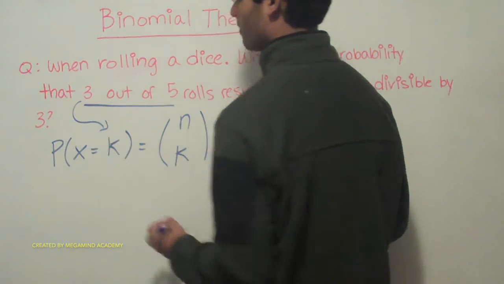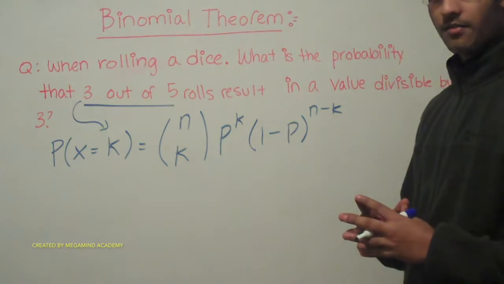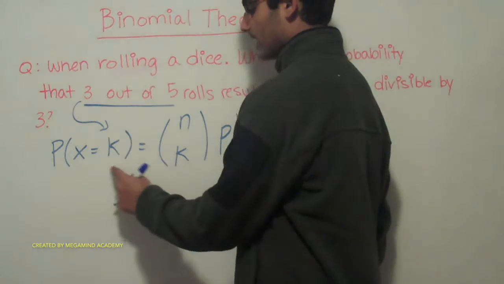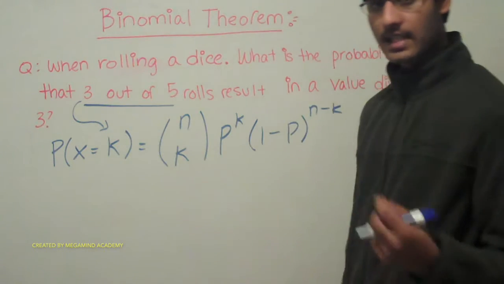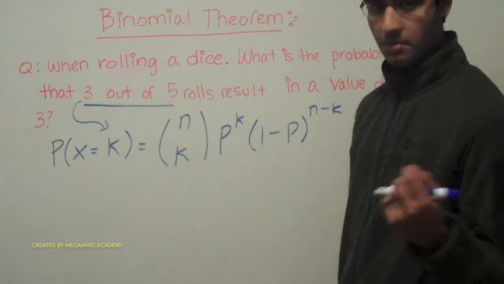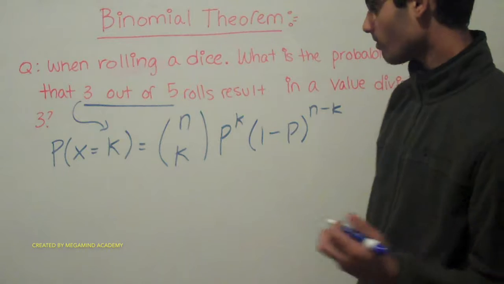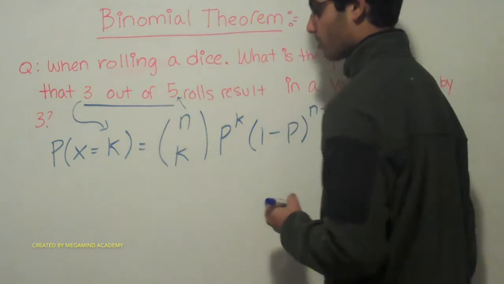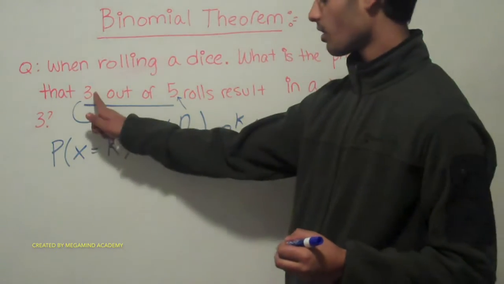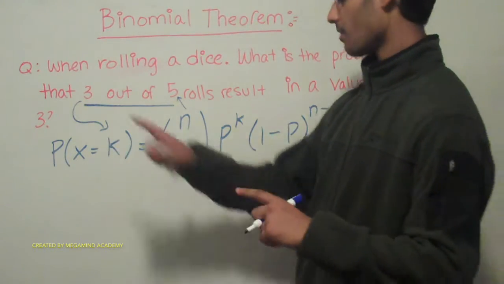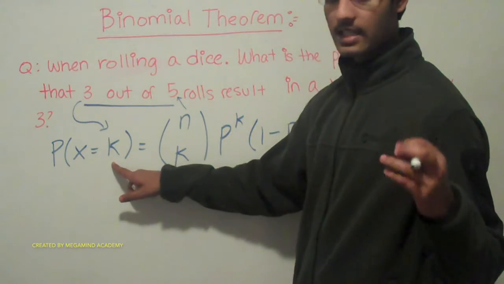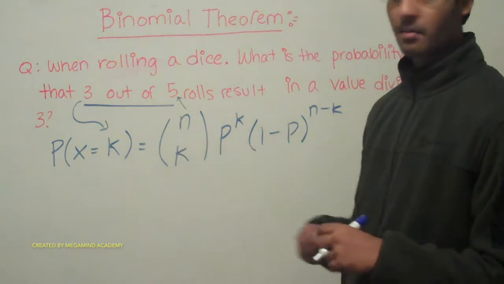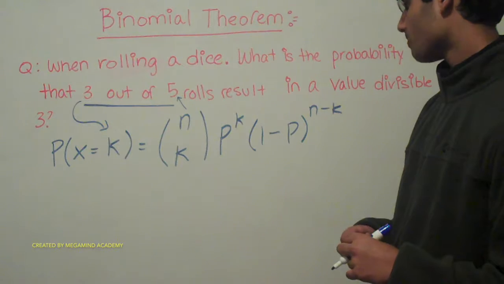So k is the number of instances of success you want to find the probability of. N is the total number of trials that are happening, so 5 trials. You want to find the probability of 3 successes. So k is the number of successes you want to find the probability of, and n is the number of trials you want to have.